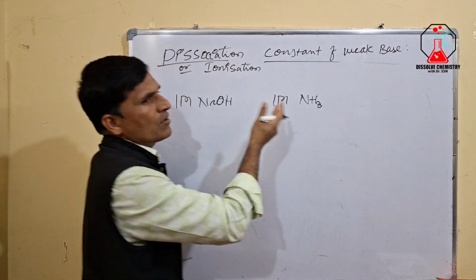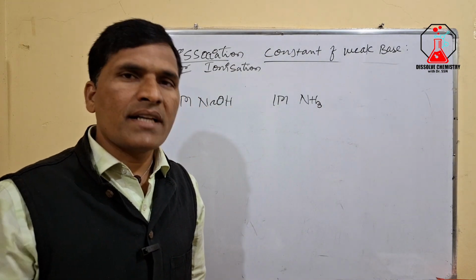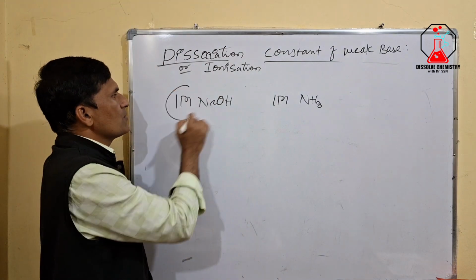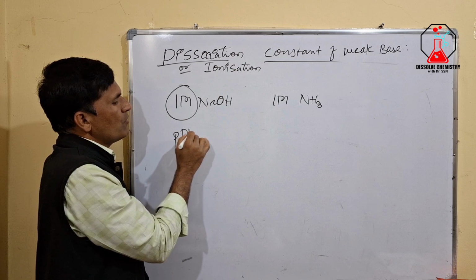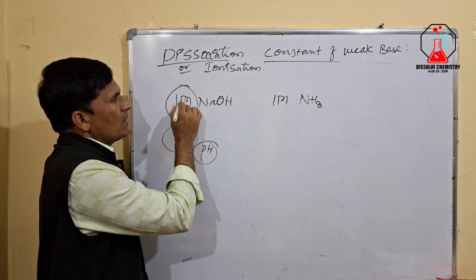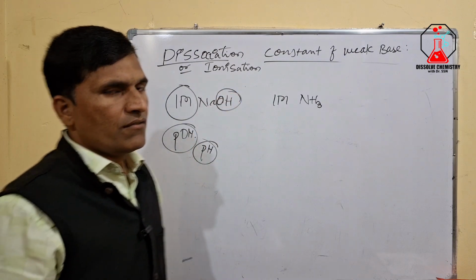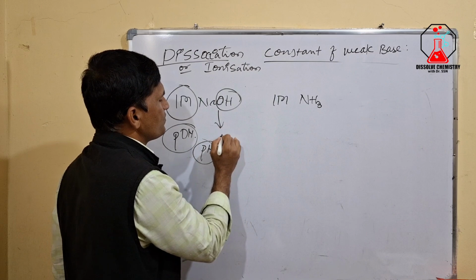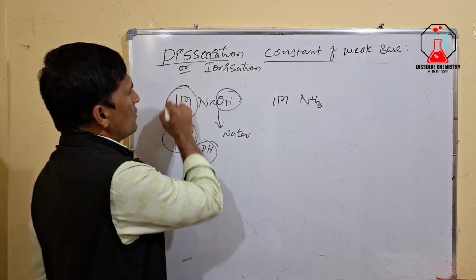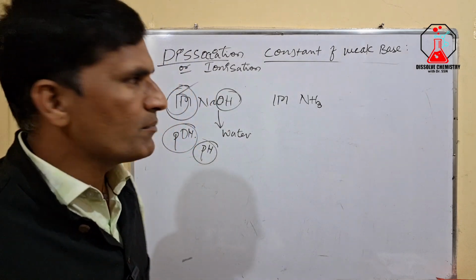If you want to compare their strengths, for NaOH we can directly substitute and calculate its pOH or pH, because the hydroxyl ion concentration in water corresponds to the same concentration of NaOH prescribed.